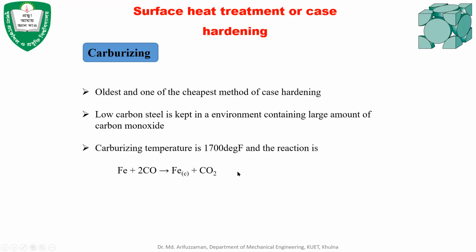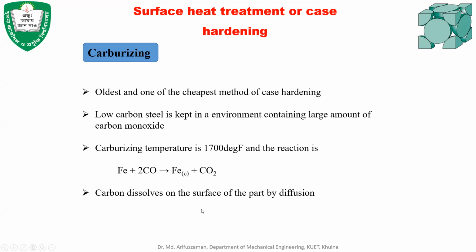We'll see that. What happens is that when the iron is exposed to the carbon monoxide environment, some of the carbon from the carbon monoxide diffuses into the iron matrix to increase the carbon content of the iron, and the rest of the carbon monoxide transforms into carbon dioxide.